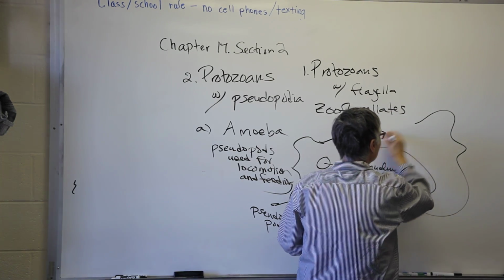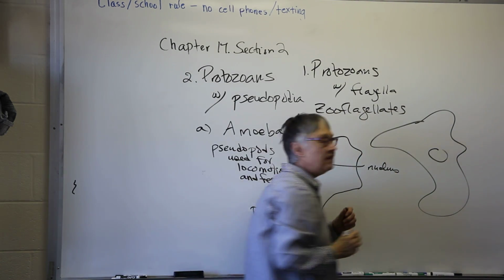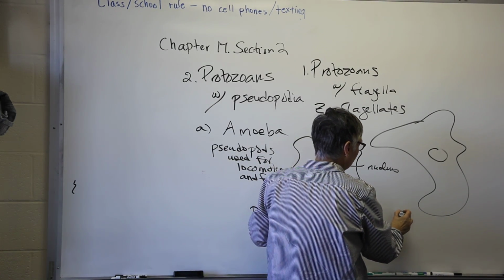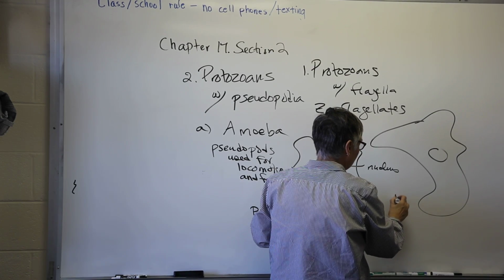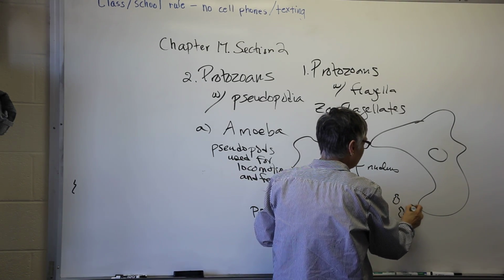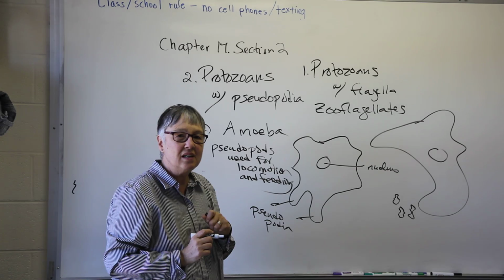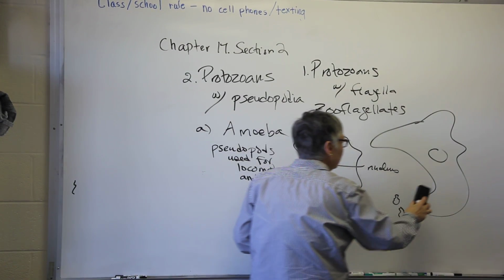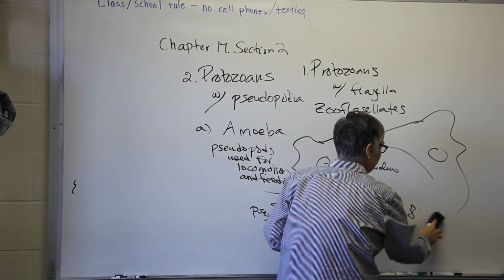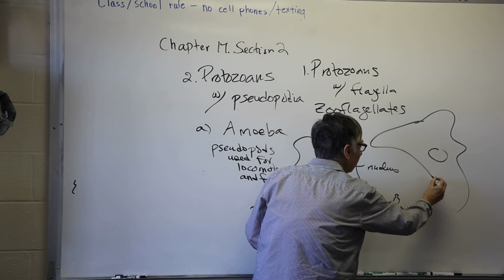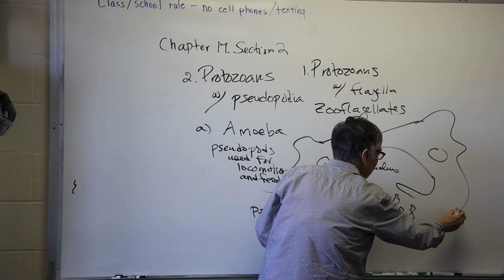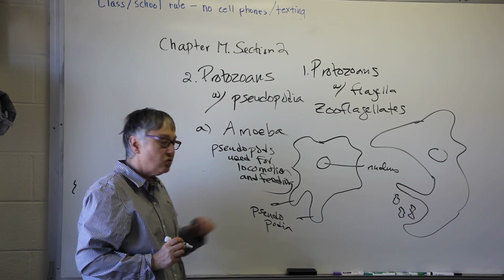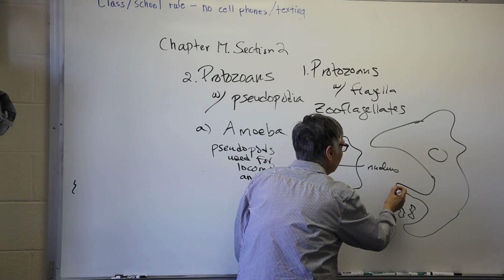So let's say that this is an amoeba, and here are some small unicellular creatures that it sees as prey. It will extend the cell membrane to eventually surround the prey.